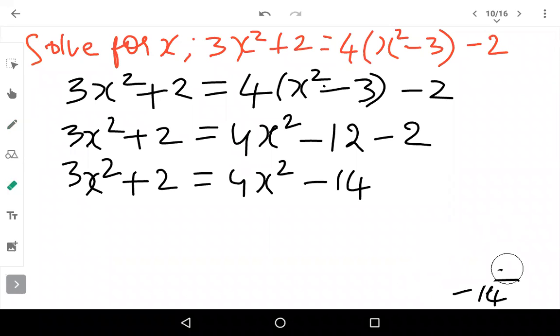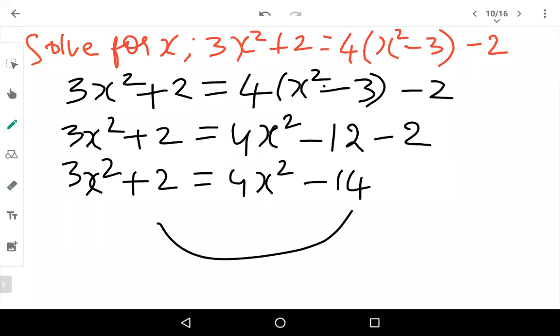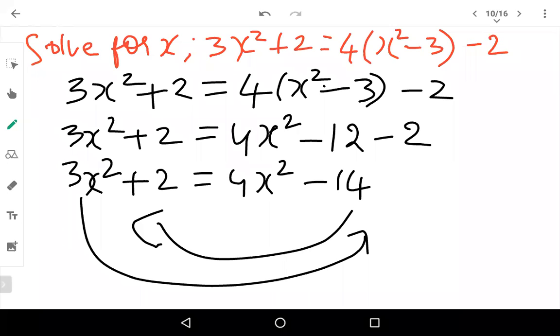Next, I'm supposed to get all the x terms to one side and all the constants to the other side. We are going to take 14 to the other side and take 3x square to the right hand side. Why are we doing it like this?